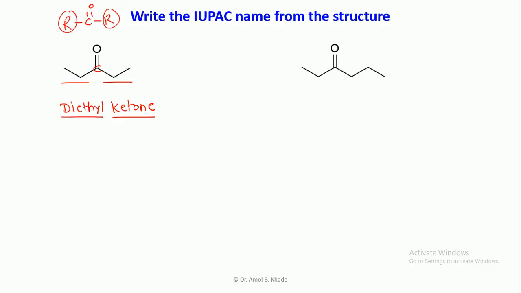If you want to give the name with the other numbering, you can number these carbons as 1, 2, 3, 4 and 5. So it is a pentane, and then you can indicate the location of the ketone group. It is present at carbon 3, so I can also write 3-pentanone.